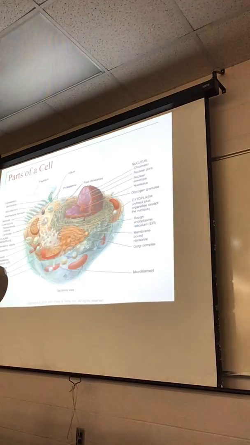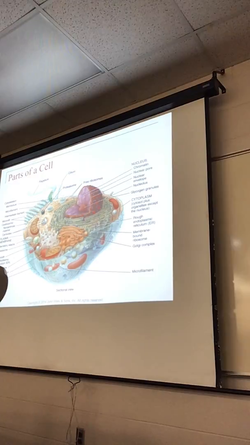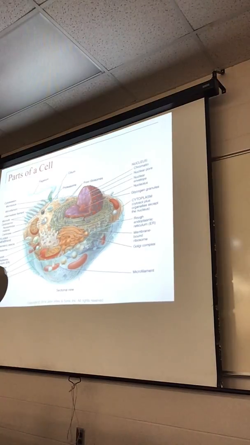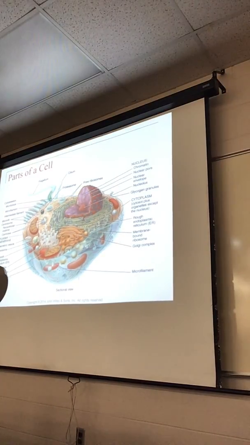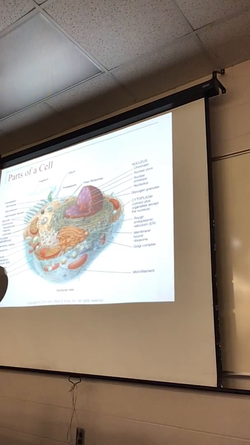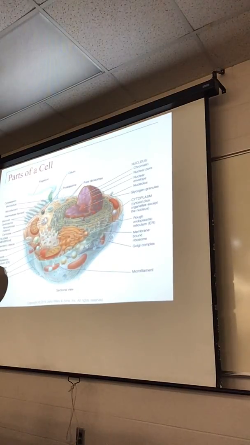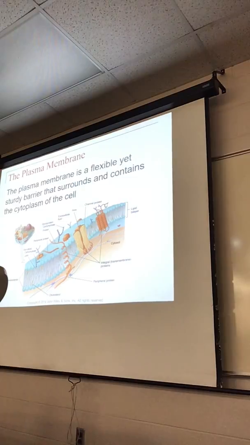So anyway, this is the same picture of the cell you should be familiar with from lab. Again, I'm not big on having you just go through and label the location of each one of these for an exam. We're going to end up talking about each organelle. But before we go into the organelles, today we're going to talk mostly about the plasma membrane. So again, kind of building on what we learned from lab, the plasma membrane is a flexible barrier.